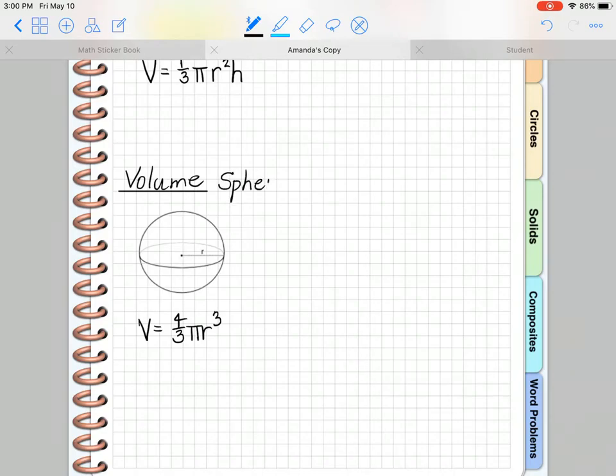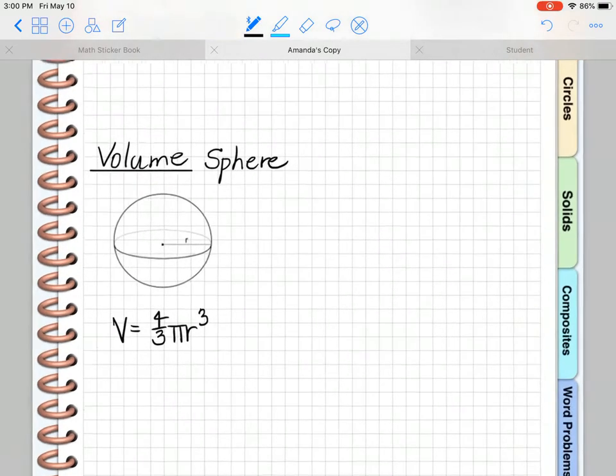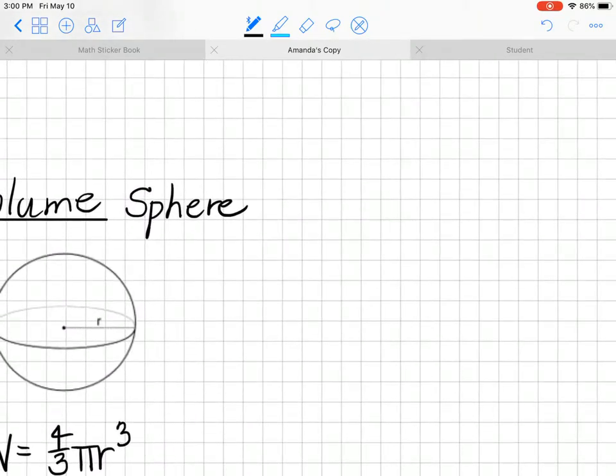One thing I want to tell you here is how to pronounce this word. It is not spear. A spear is something you throw in a sporting event. It's pronounced sphere. It's a little tough to say.